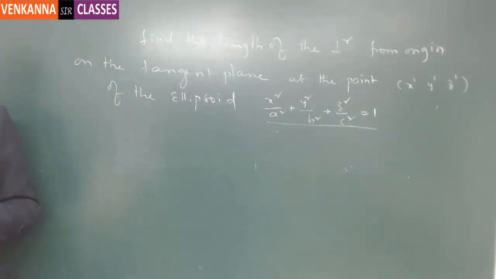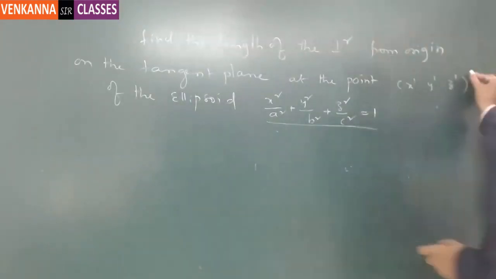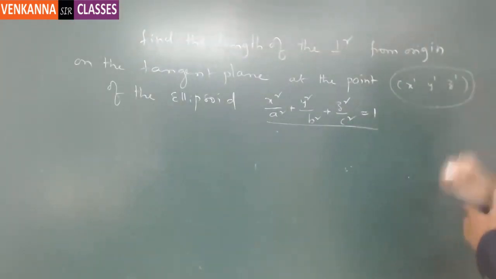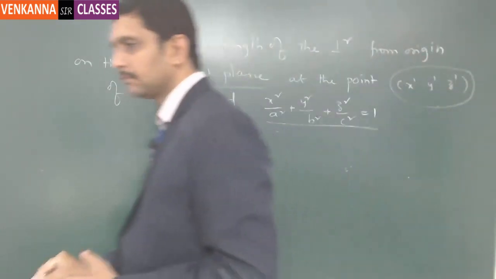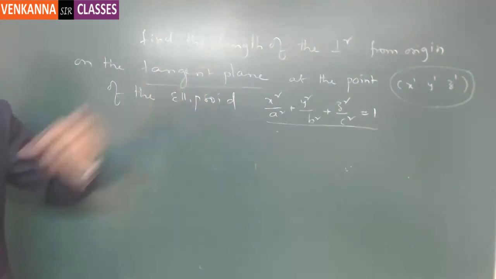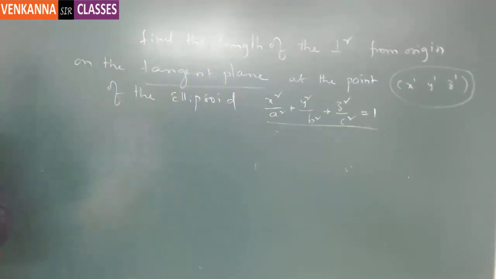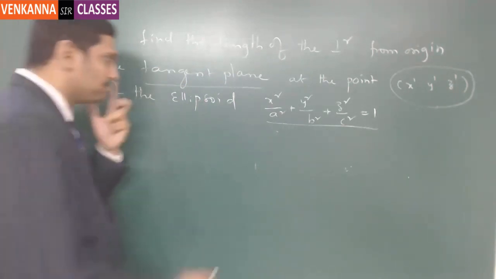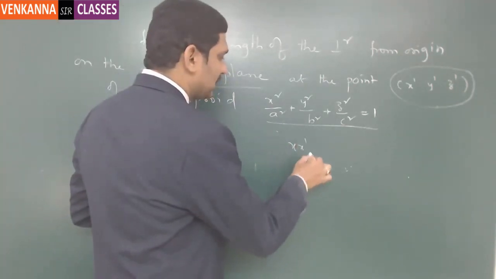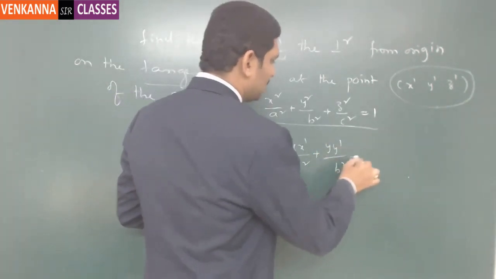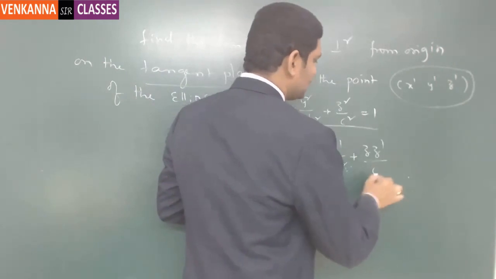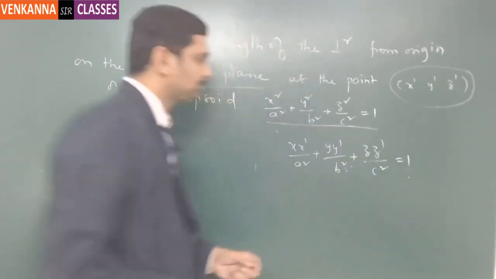For this ellipsoid, what we are doing is taking a point on the ellipsoid and calculating the tangent plane. If you consider the tangent plane with respect to that point, we have a formula already there. It is x dash by a square plus y dash by b square plus z dash by c square equal to 1.